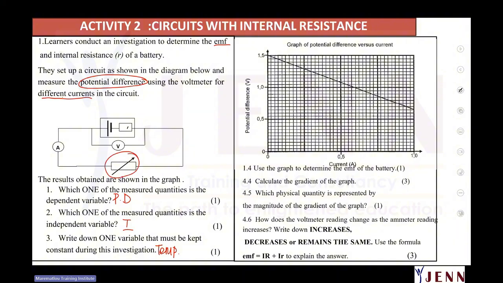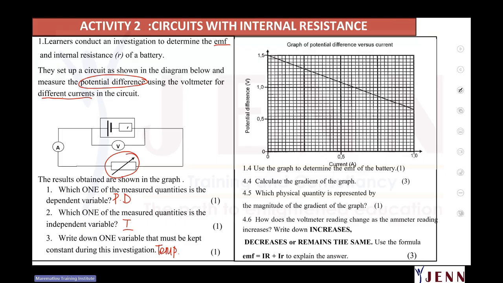This is the one that you see in a car when you turn the volume up or down. It's the one that you see on your stove when you switch the levels of heat. That's a variable resistor. So there are a number of things that you must keep constant, but the one that is most common will be temperature.